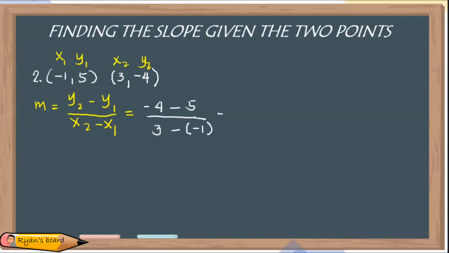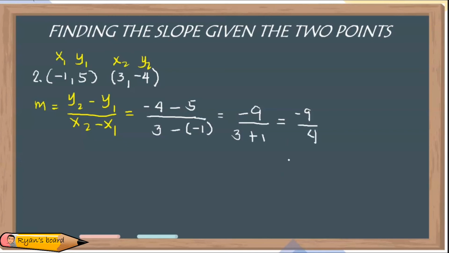Okay. Now, negative 4 minus 5. Pag nakita ka ng negative tapos minus, you simply add the number. Then, your sign is negative. Now, if you have minus tapos negative, ang mangyayari dyan ay magiging plus 1. Okay? So, negative 9 over 3 plus 1 is 4.